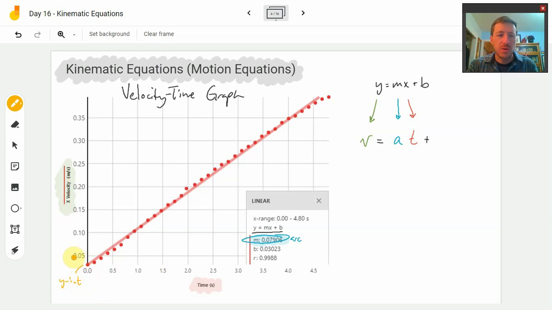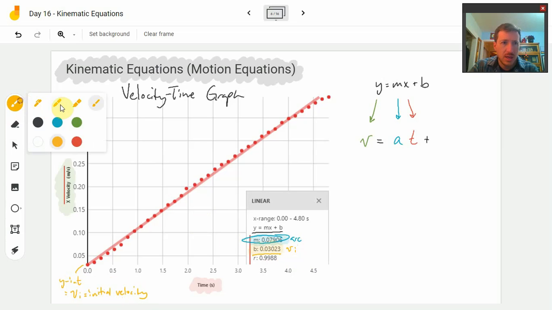What is the velocity? When the time is 0, the velocity happens to be about 0.03. This is what we call the initial velocity, or the starting velocity, V_i. So we'd say plus the initial velocity.